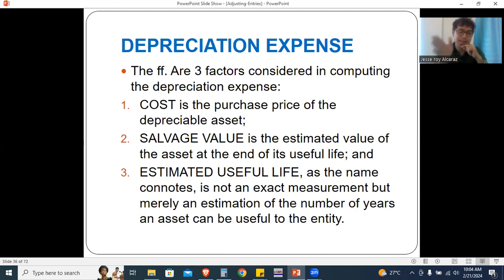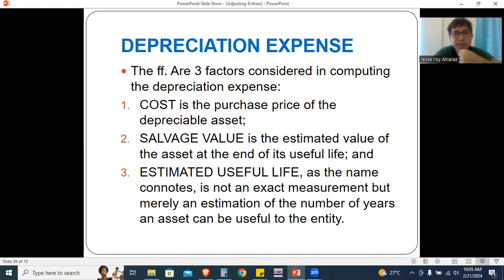Sa ato pa, at the end of its useful life, we can still salvage or save or retrieve 500,000 pesos. So that is what you call a salvage value. So ang iyahang price or recoverable value at the end of its useful life. Okay, so that is salvage value.